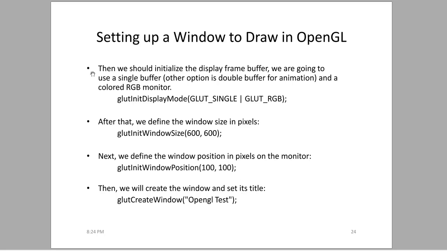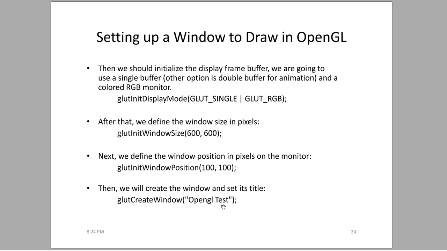Where do you want it? 0 0 means that it will be at the top left, then 100 means 100 in this direction, and 100 down. So this will be the top left of the window, and 600 by 600 will be the size of the window. After that, finally we will create the window. So first we set the display mode, then we set the window size, then we set the window position, and finally we actually create the window, and this will be the title of the window, whatever we want it to be.